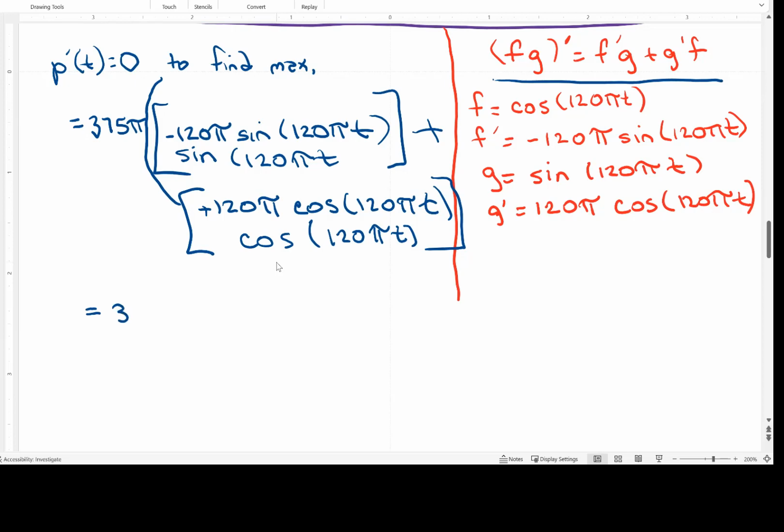This equals 375 pi times, now I have this negative 120 pi, but I have the sine of 120 pi t times the sine of 120 pi t, which gives me sine squared of 120 pi t.